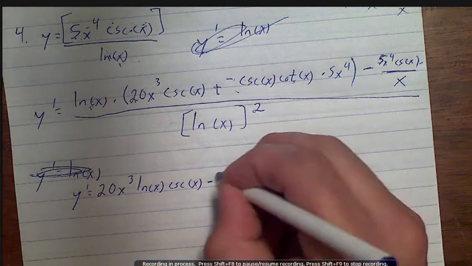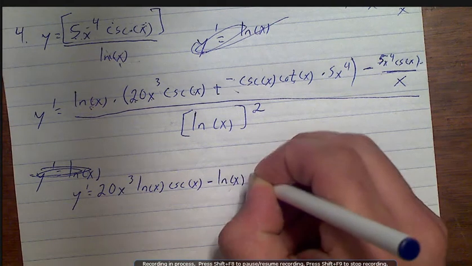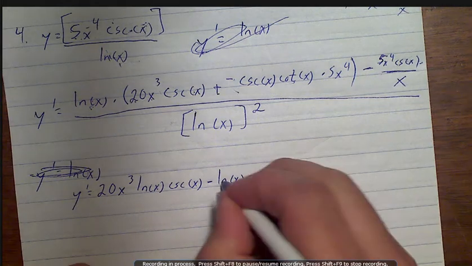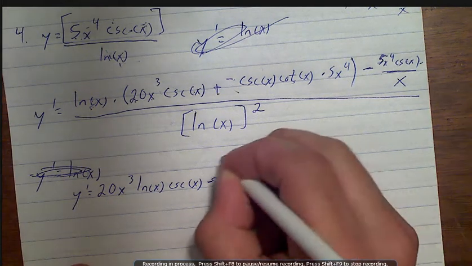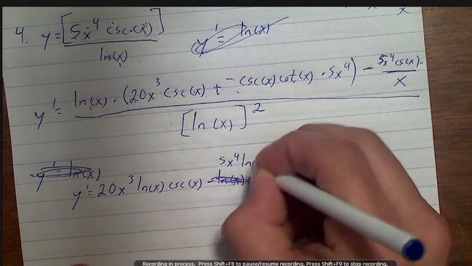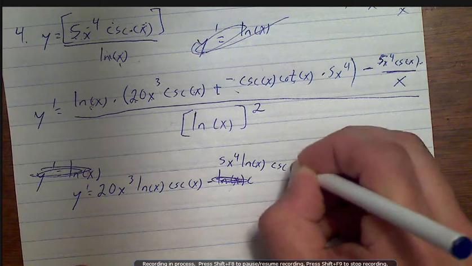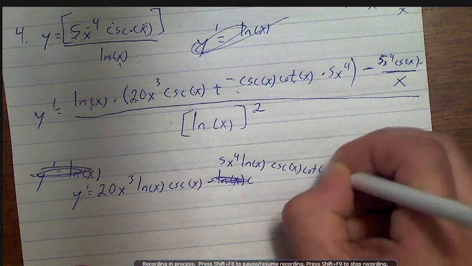Oops, I forgot 5x to the fourth. 5x to the fourth natural log of x cosecant of x cotangent of x, then minus this piece up here.